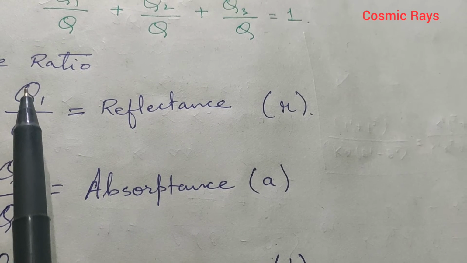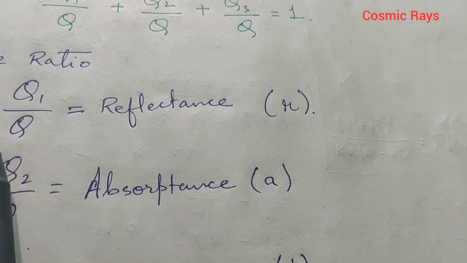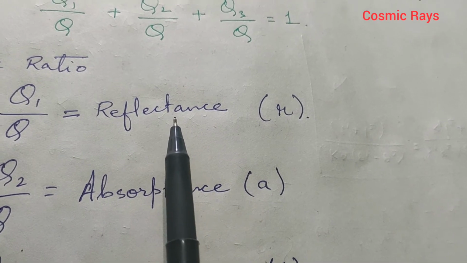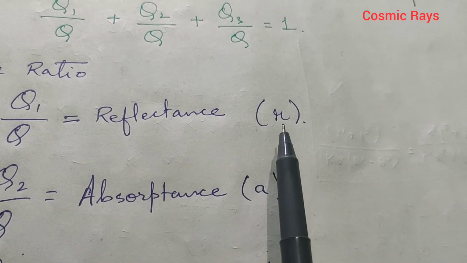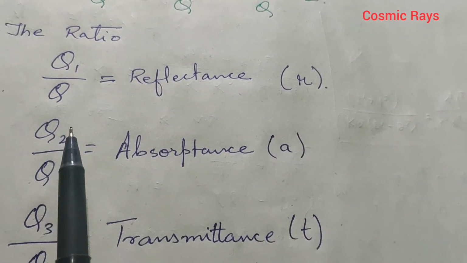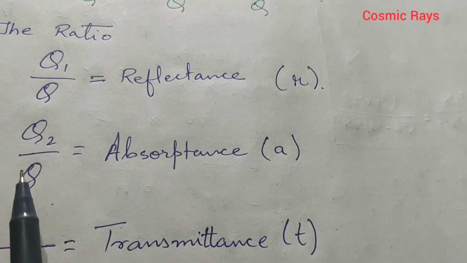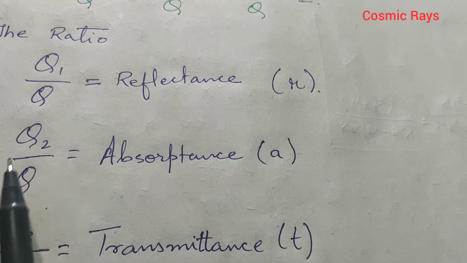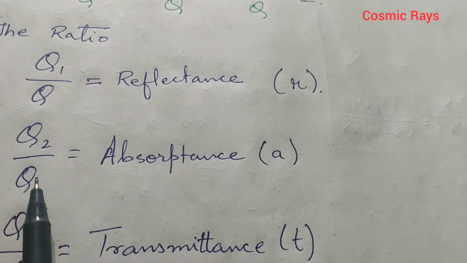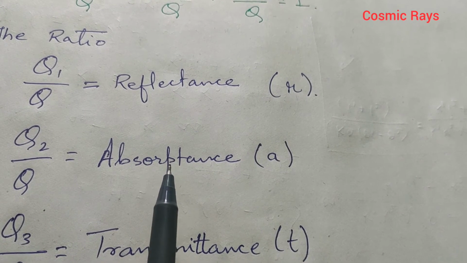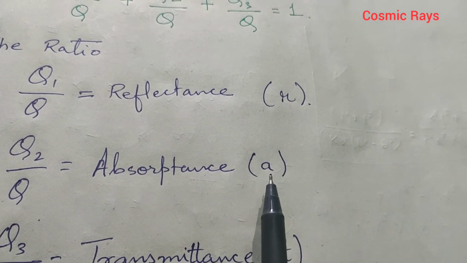So the part which is reflected back upon the total, this ratio is known as reflectance, and it is denoted as small r. Q2 was the part which was absorbed by the surface. So Q2 upon Q, the absorbed part upon the total heat radiation, this ratio is known as absorptance and is denoted by small a.